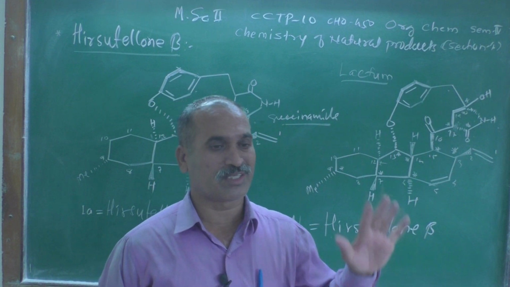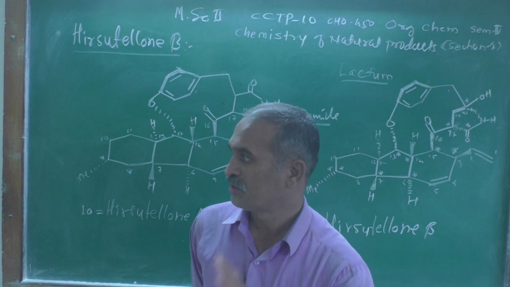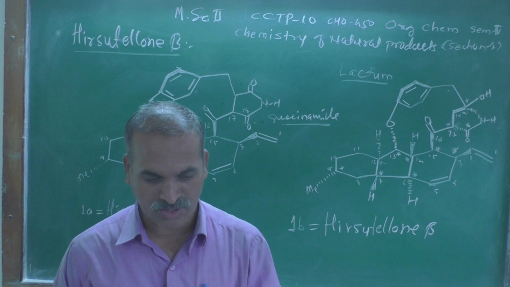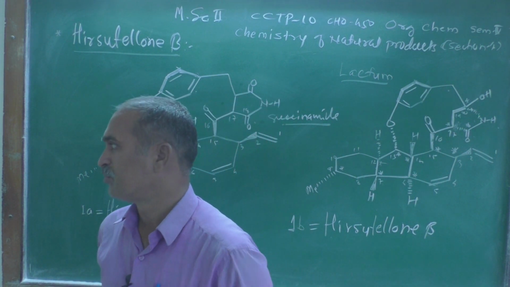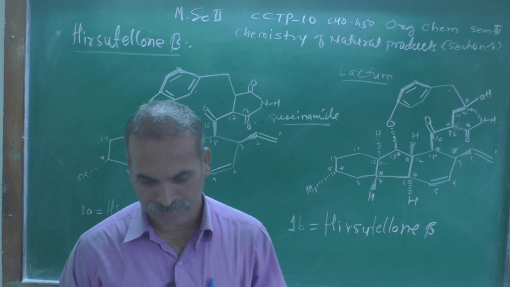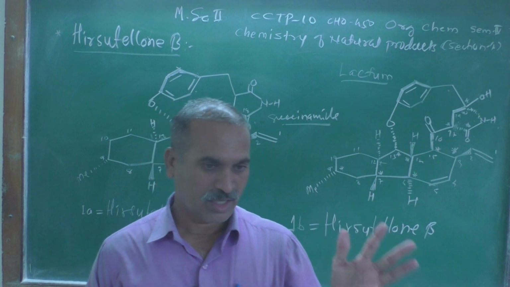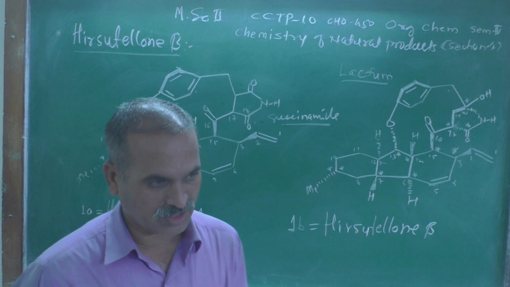If those symmetries are present, then that compound is optically inactive in nature. So that is the point we have to consider while studying optical activity when the molecule has more than 2 chiral centers.